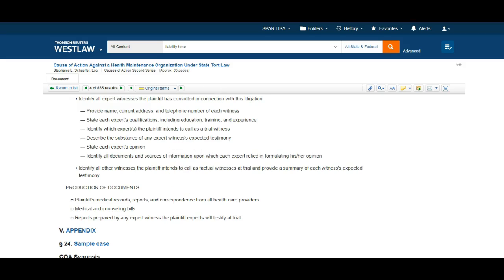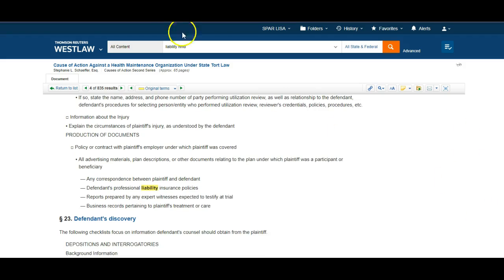Another type of all-inclusive practice material that we've seen, again, are these loose leaves, which are really just a type of treatise. And we've already been looking at.